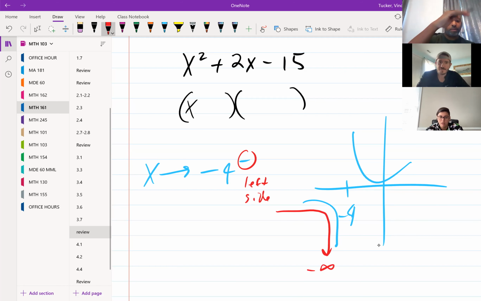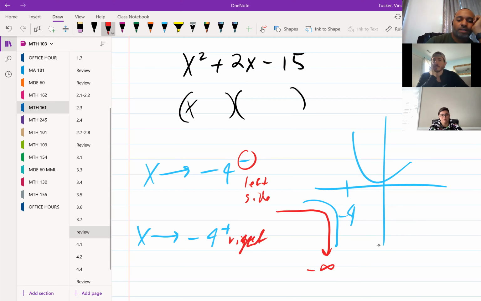I'm not drawing the graph that was up there, it's abstract. And then if it said this, and this means right side, so that means I would be coming this way, following the graph, and that would give me positive infinity. That makes a lot more sense.